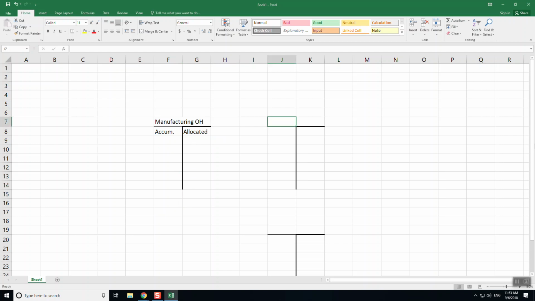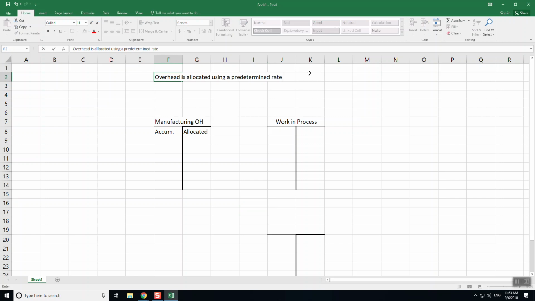Now the overhead gets allocated to work in process. It's going to move from overhead to work in process. The thing is, overhead is allocated using a predetermined rate.